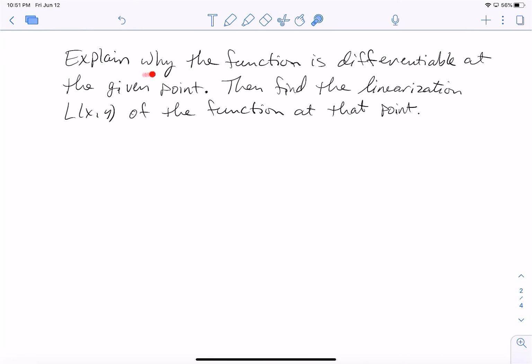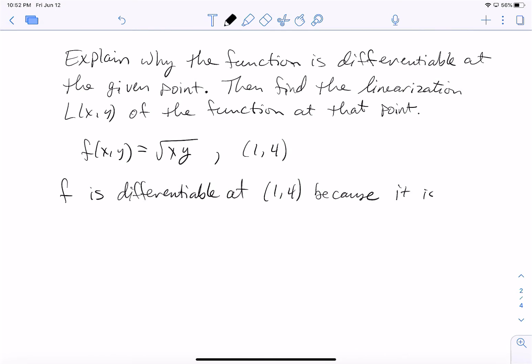First, we're going to explain why the function is differentiable at a given point and then find a linearization at that point. Our function is f(x, y) = the square root of xy, and our point is (1, 4). f is differentiable at (1, 4) because it's a root function whose domain includes (1, 4).